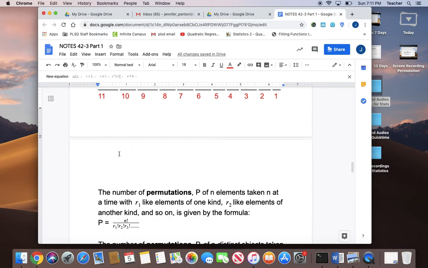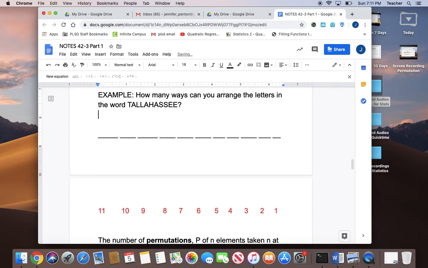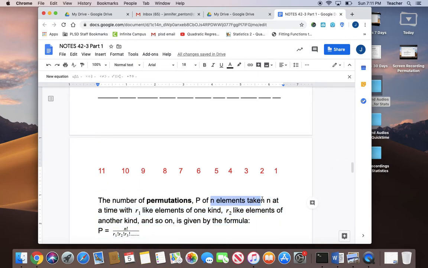So in this case, with the example Tallahassee, I'm going to have to use this because I have all n elements taken n at a time. In other words, I'm arranging all of them, but I have some like elements here.